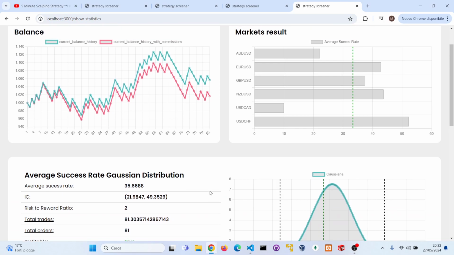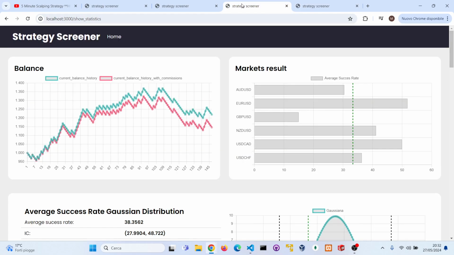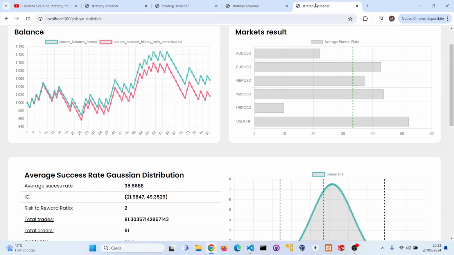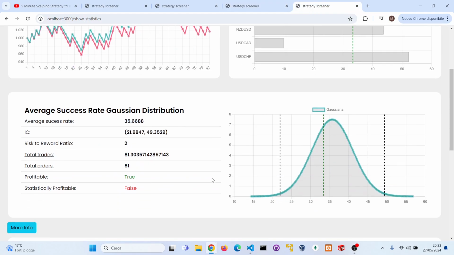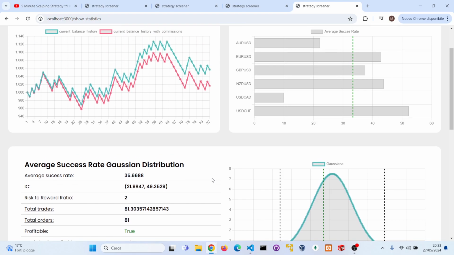So, as you can see, the strategy would have been profitable with the commissions and without commissions, with an average success rate of 35, that it is in the confidence interval we have calculated before, so good. But again, this strategy doesn't perform really well, and yeah, it's not as profitable as it claimed.